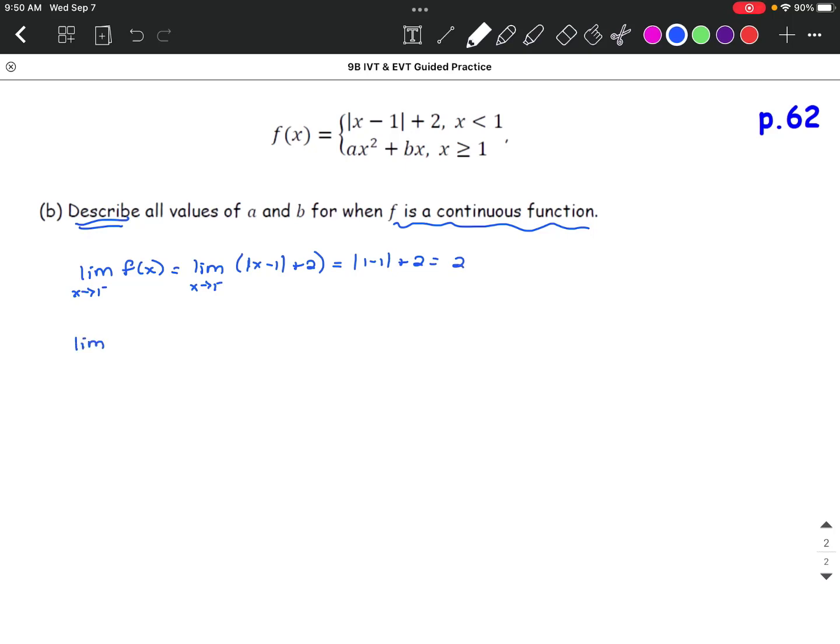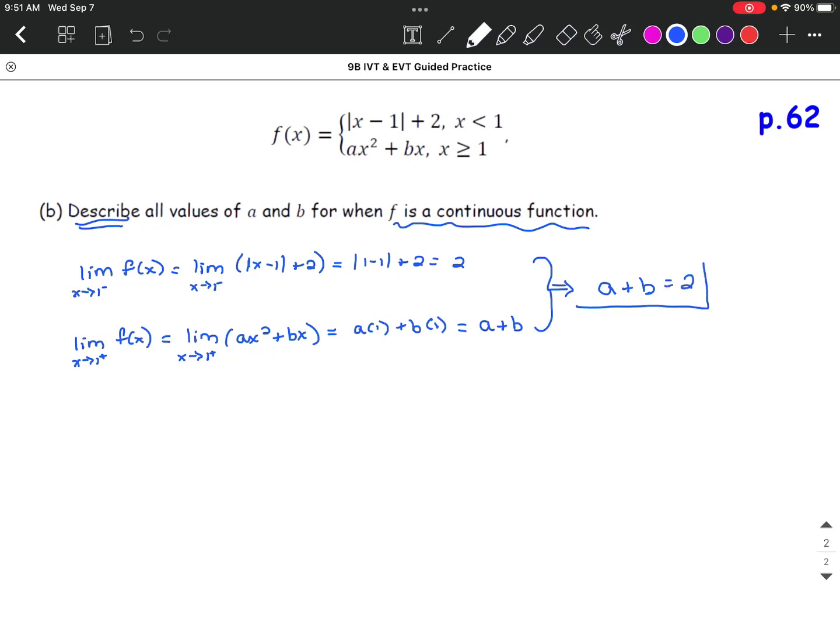When we do the limit as x approaches 1 from the right of f of x, we are on the other piece of the function on the bottom, which is that ax squared plus bx. And when we substitute in the 1, we're going to get a times 1 plus b times 1, which is just a plus b. Now, in order for f to be continuous, the limit from the left has to equal the limit from the right, and a plus b has to equal 2.